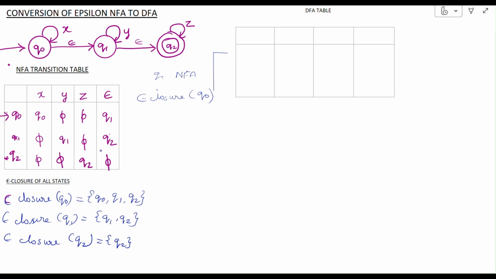What is epsilon closure of Q0? It is Q0, Q1 and Q2. So the first state is Q0, Q1, Q2.